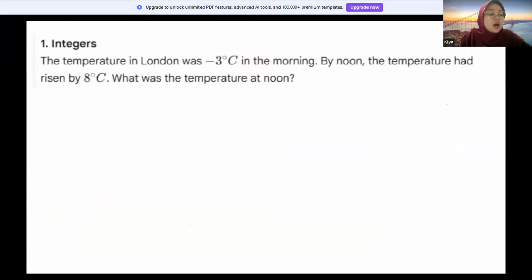Okay, have you learned about integers in word problems, Jay? Like this question? Yeah, like this question. So can you do this question? Yeah.